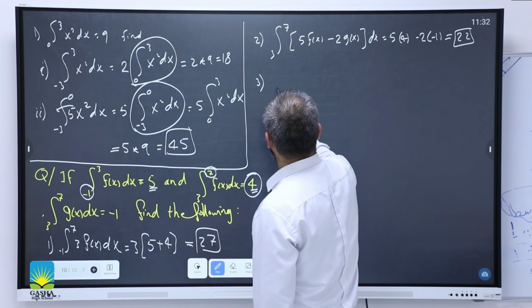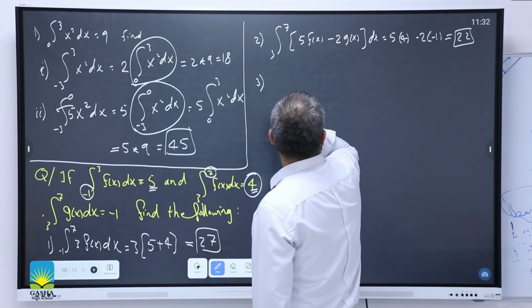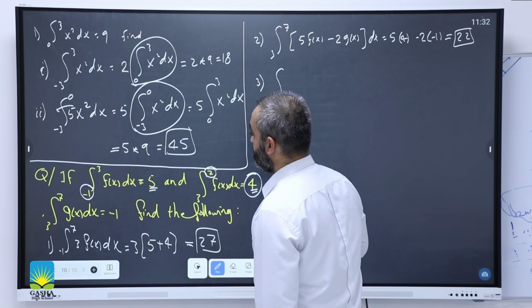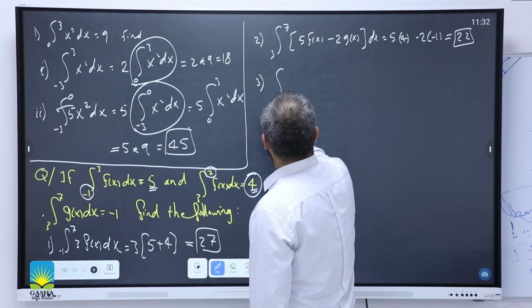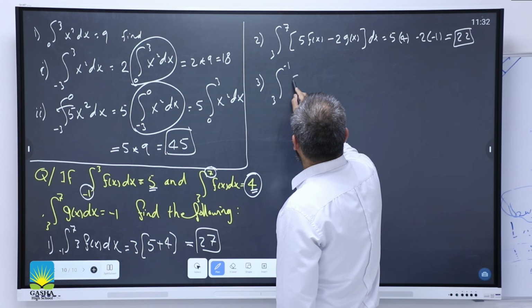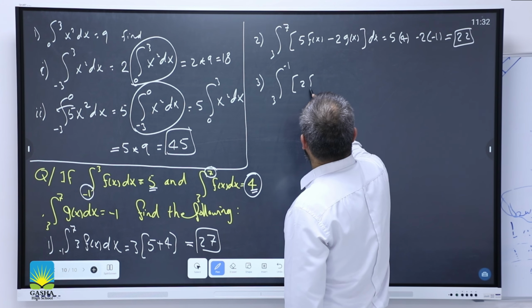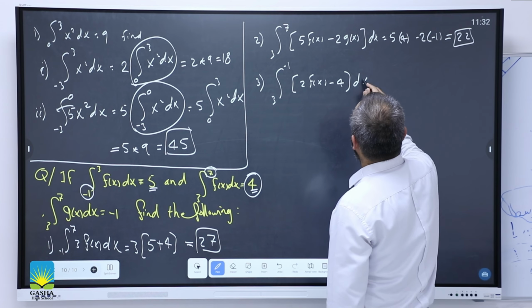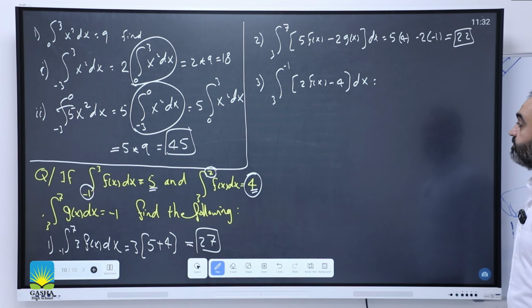About 3, integral from 3 to -1 about 2 f of x minus 4 dx. What about this?